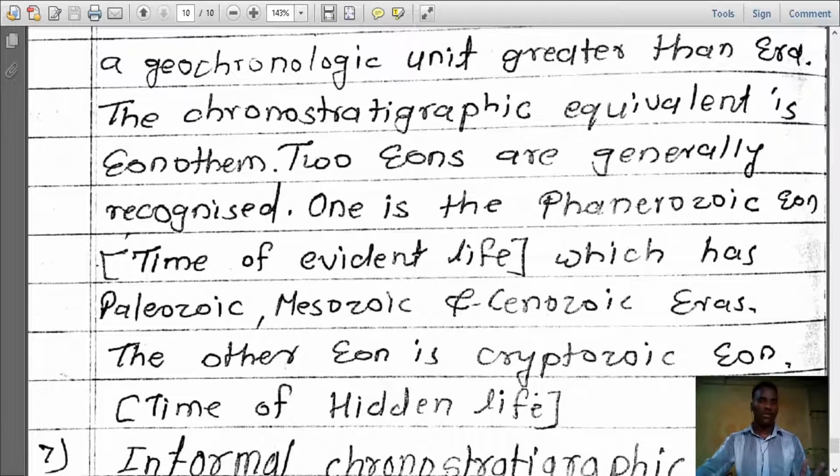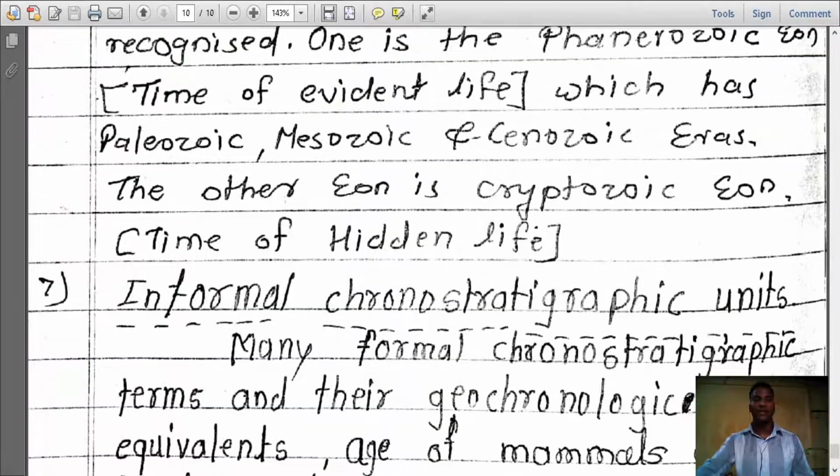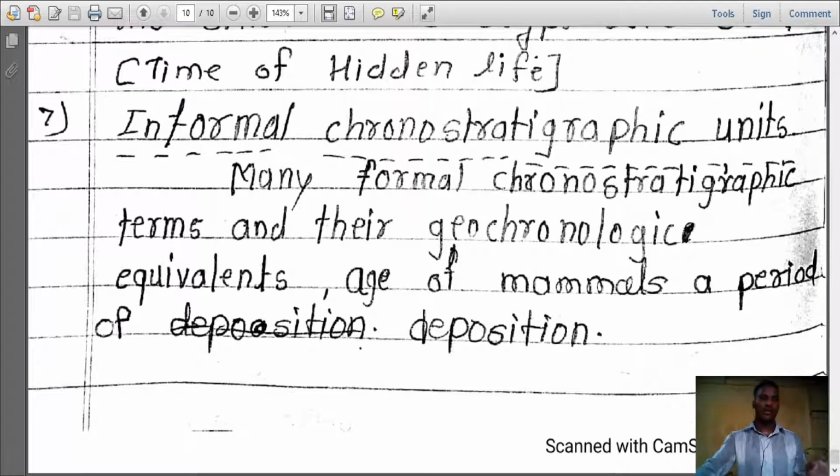The other eon is the Cryptozoic eon, time of hidden life. Then apart from that, informal chronostratigraphic units. Many formal chronostratigraphic terms and their geochronologic equivalents, age of mammals, period of deposition, etc. are informal chronostratigraphic units.